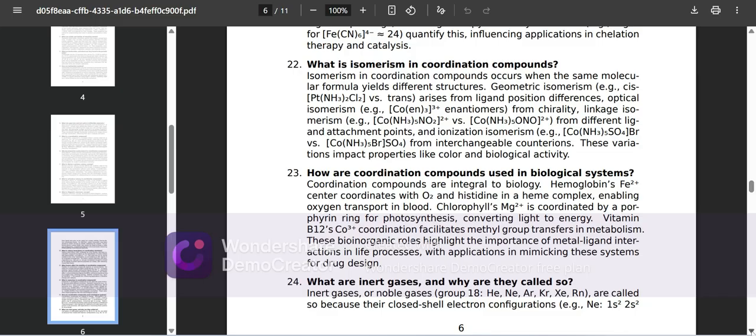Linkage isomerism, for example [Co(NH3)5(NO2)]2+ versus [Co(NH3)5(ONO)]2+, arises from different ligand attachment points. Ionization isomerism, for example [Co(NH3)5SO4]Br versus [Co(NH3)5Br]SO4, arises from interchangeable counterions. These variations impact properties like color and biological activity.